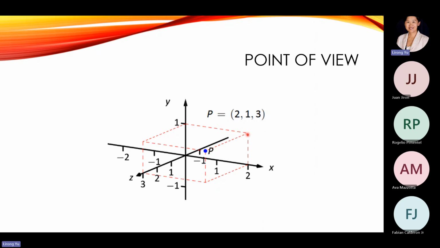From 2, 1, 0, we're going to go 3 units along the z-axis. To make sure we do it right, we want to find the actual 3 on the z-axis, and these two are going to be parallel. So we use parallel lines or parallel relations to identify distance and try to visualize what's going on. So that's one point of view.